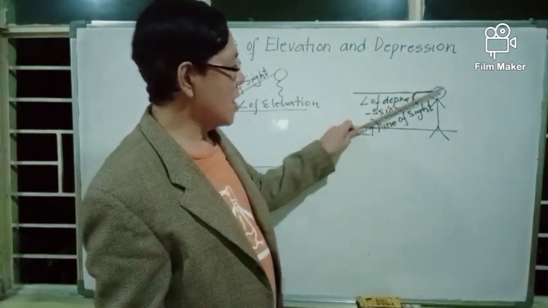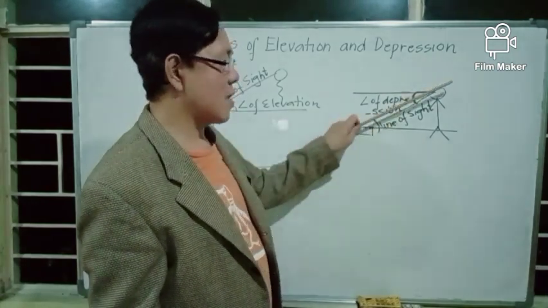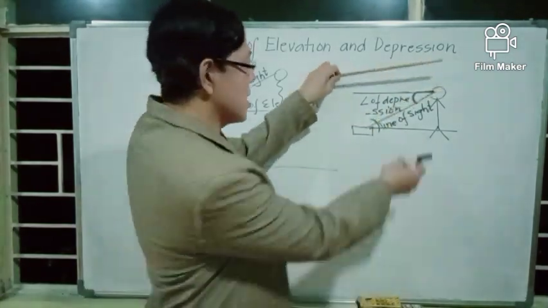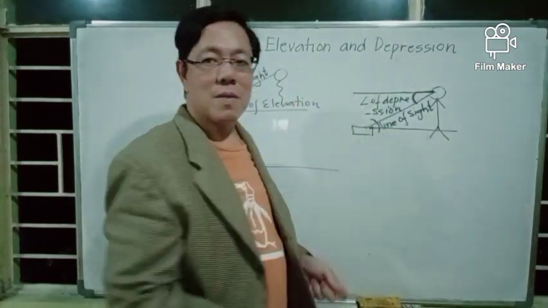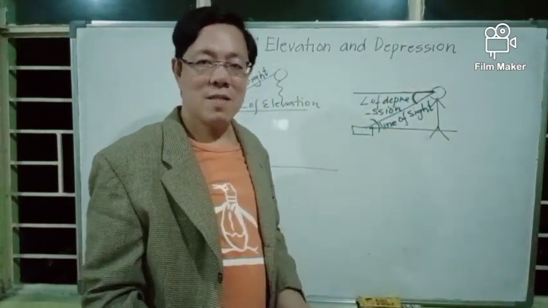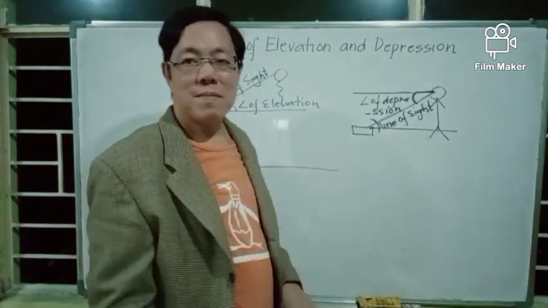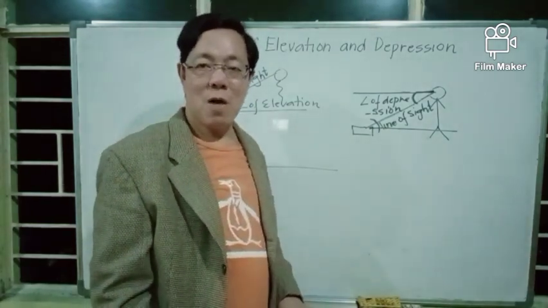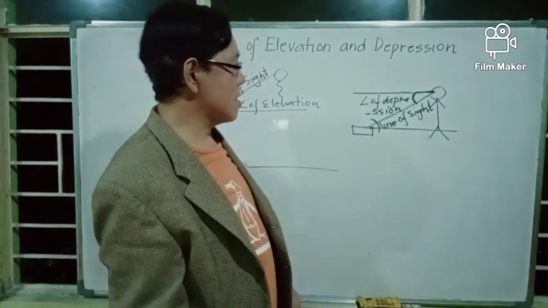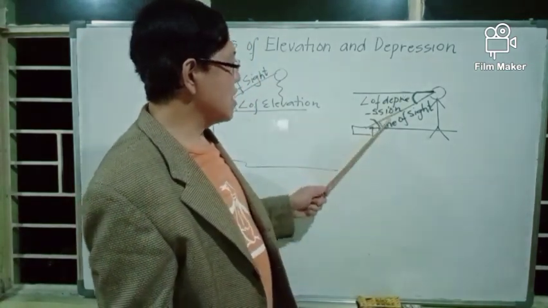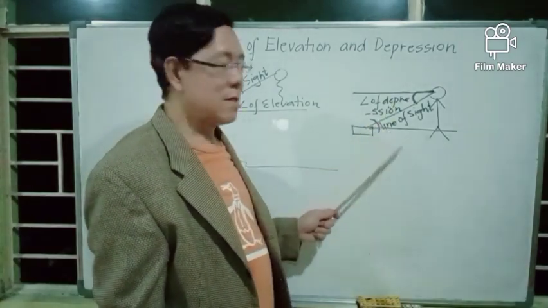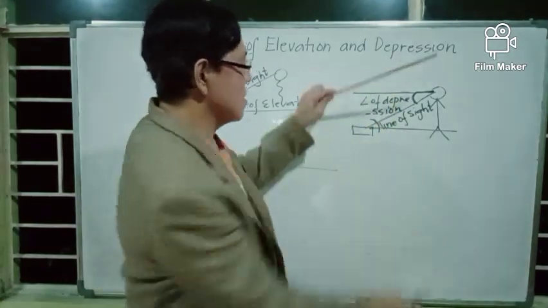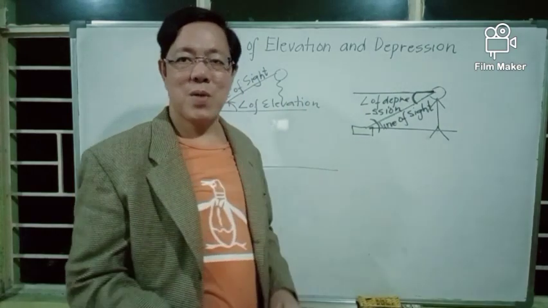Alternate because they lie on opposite sides of the transversal, and interior because these angles are between the parallel lines. And a theorem from your high school geometry says that the alternate interior angles are congruent if two parallel lines are cut by a transversal.